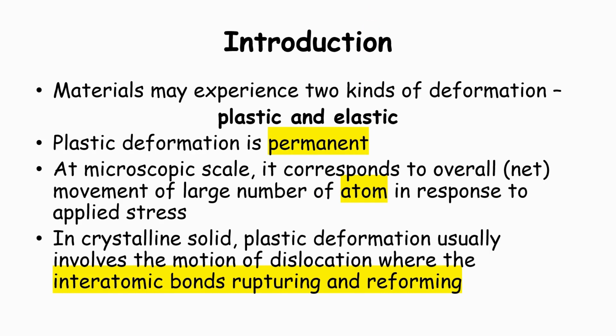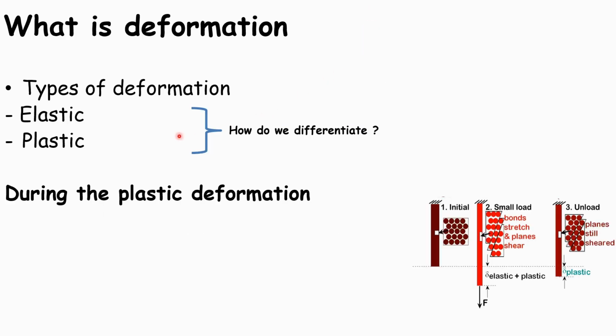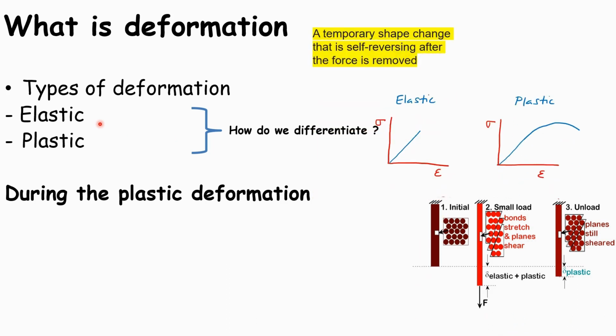So here we can see, like what I have just mentioned, we have two types of deformation, plastic and elastic. How do we differentiate them? Elastic deformation is a temporary shape change that is self-reversing after the force is removed, as we can see in the graph here.